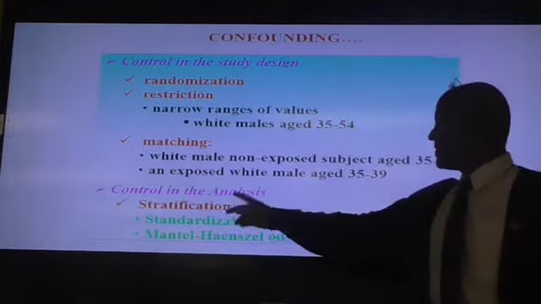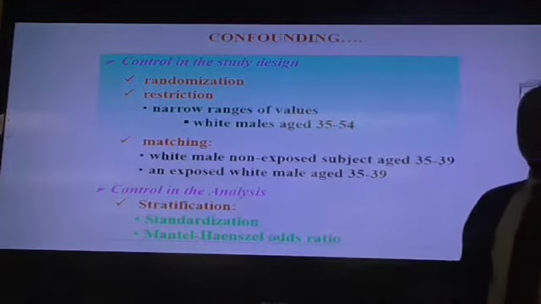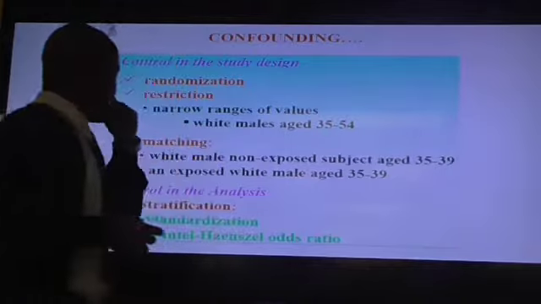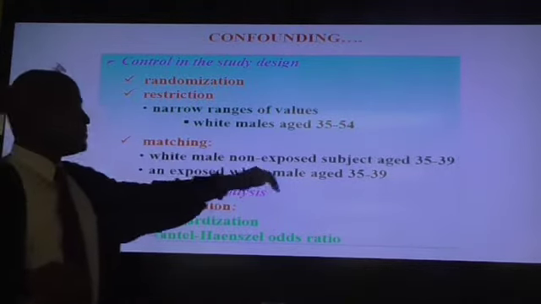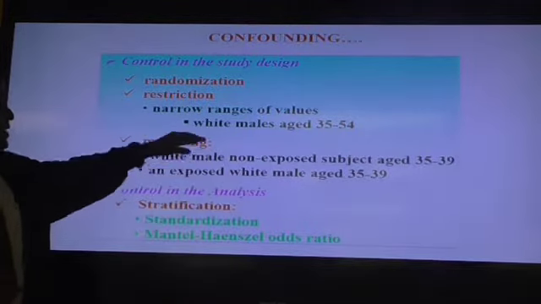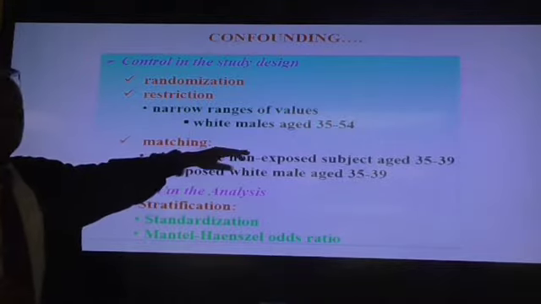It's an analysis method that you use in stratified data. That means you first stratify your data. For example, here what we have is white male, age 35 to 39. So you have white males in non-exposed.